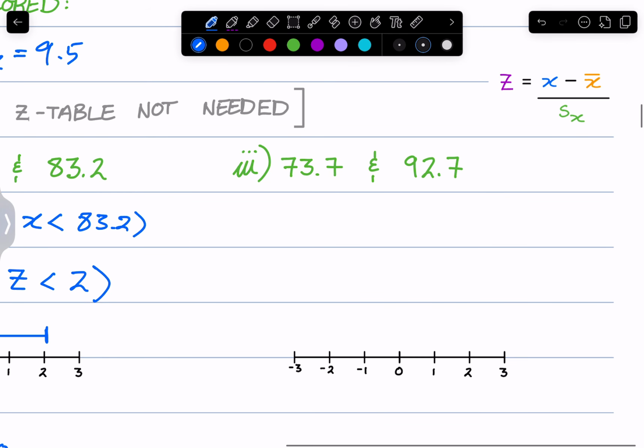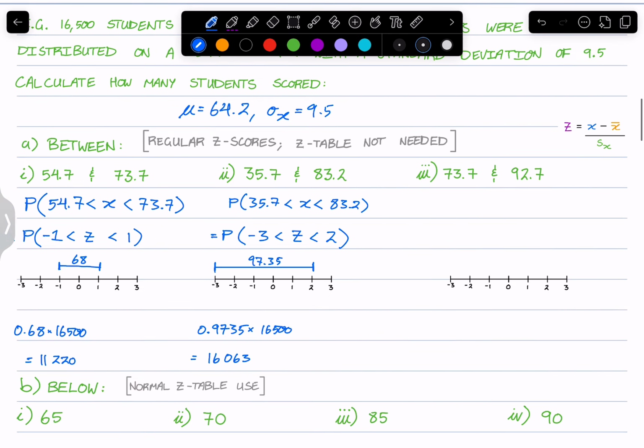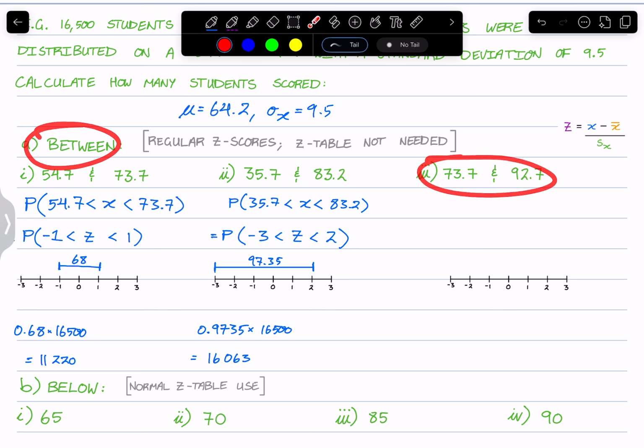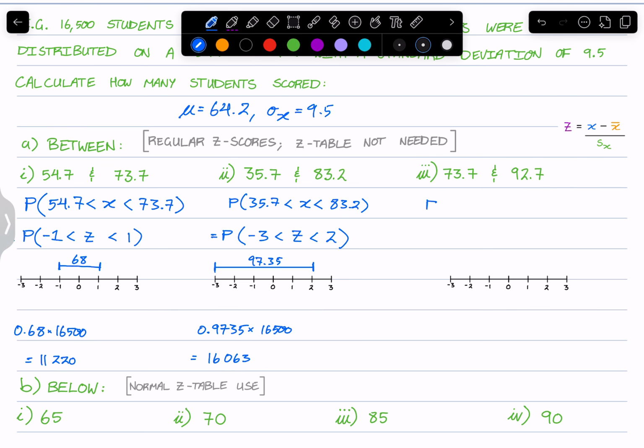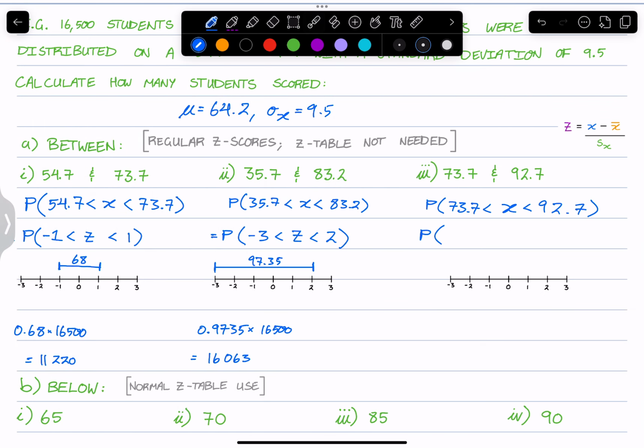73.7 and 92.7. So once again, this is in between these two numbers. So the percentage 73.7 is less than x, less than 92.7. And we're going to convert this again into our Z-scores. We can already see this is a Z-score of 1.